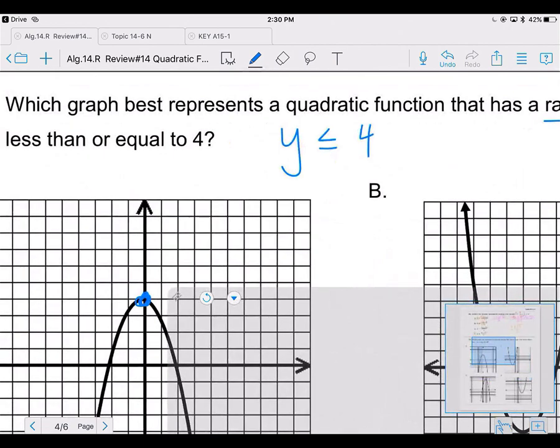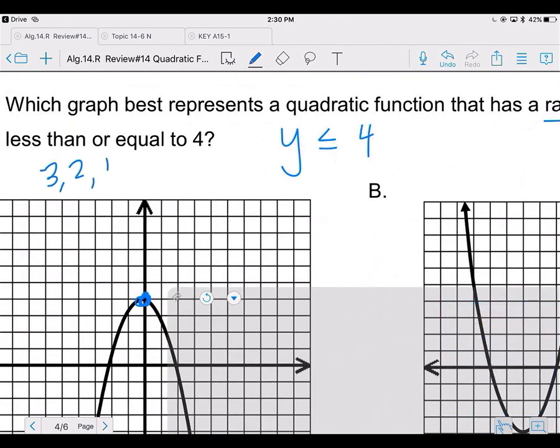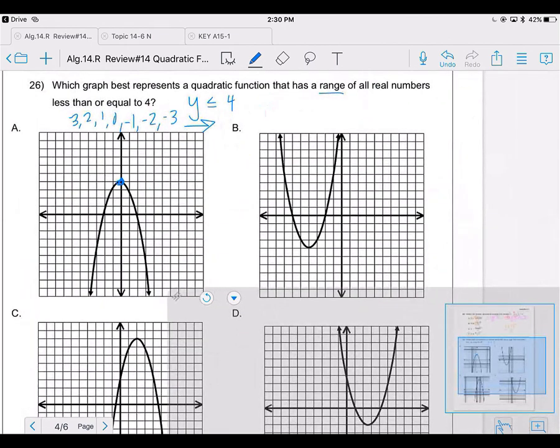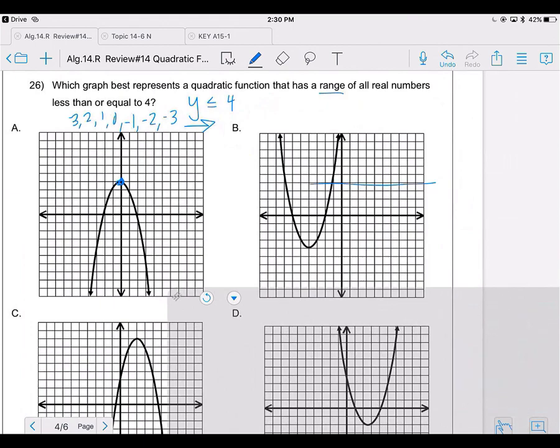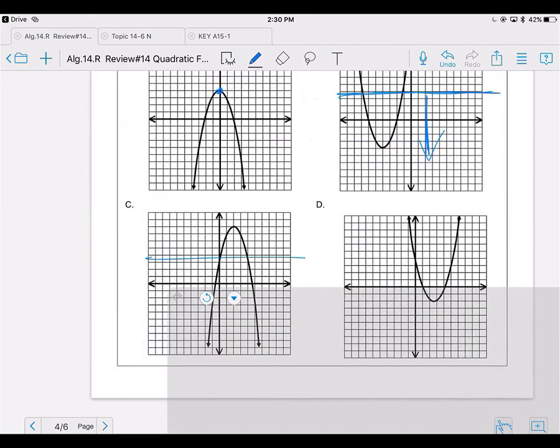Numbers less than or equal to 4 would be 3, 2, 1, 0, -1, -2, -3, anything in the negatives. So I wouldn't be looking for anything bigger than 4. So on B, this is 4, less than is lower than, so B is out. C, this is 4, less than means lower than, so C is out.